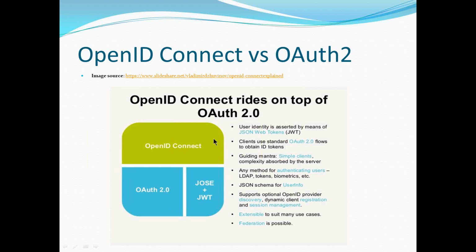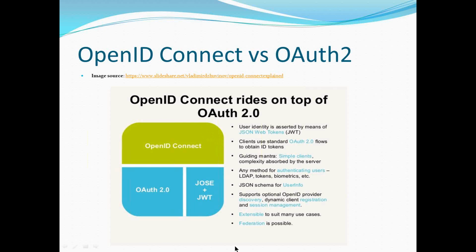OpenID Connect also further refines, because OAuth2 is a framework. It doesn't specify how exactly things are to be implemented. But OpenID Connect pulls the definition in further and defines, let's say, two things.